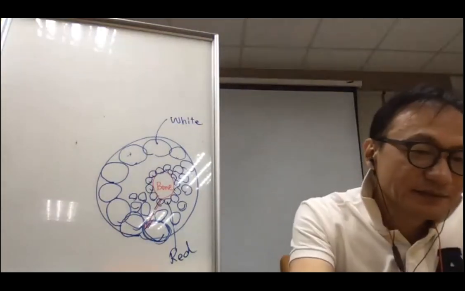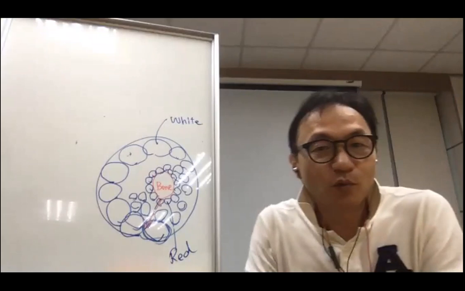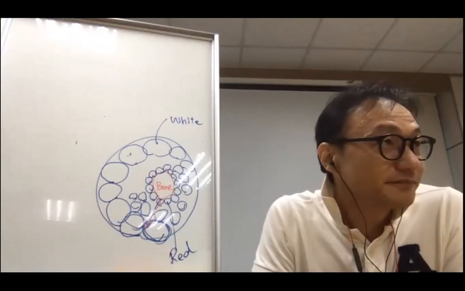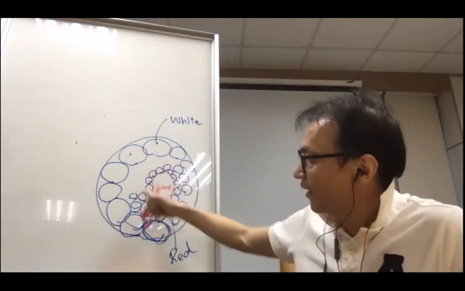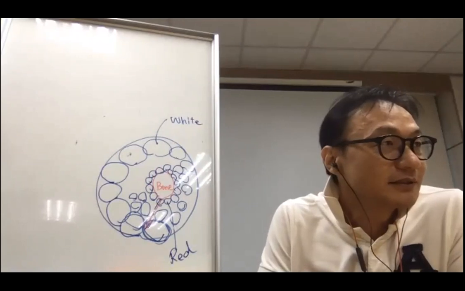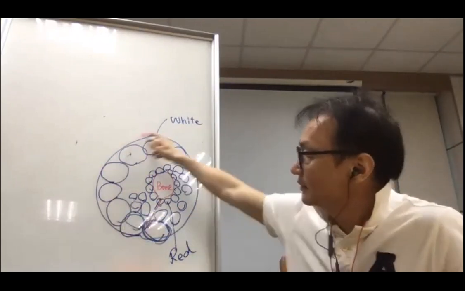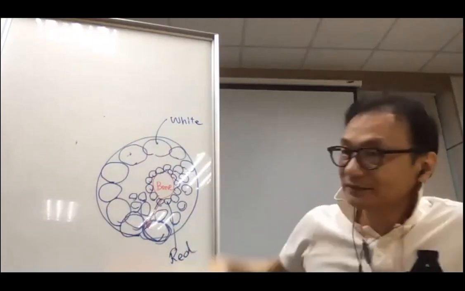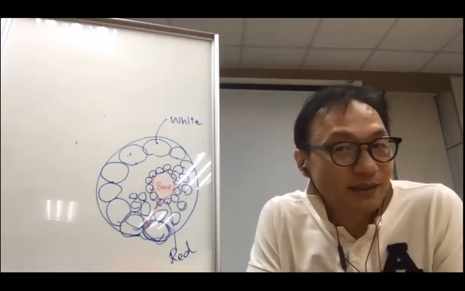Why is the design like this? Why does slow motion recruit the small myofibers and high frequency contraction mobilize the myofibers outside?